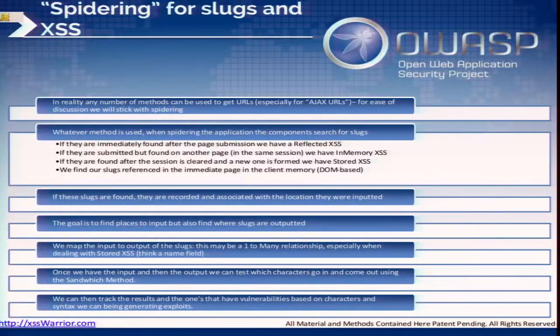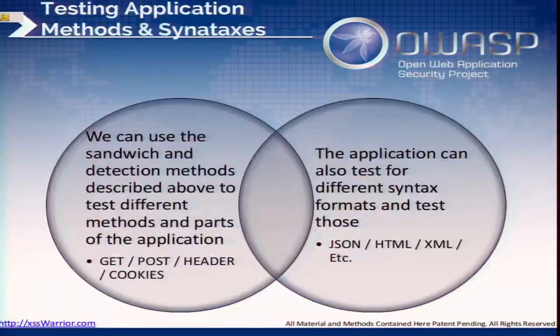An interesting case is that you could submit something once, and on the page where it comes out, there could be many different pieces of HTML or JavaScript that it ends up in.